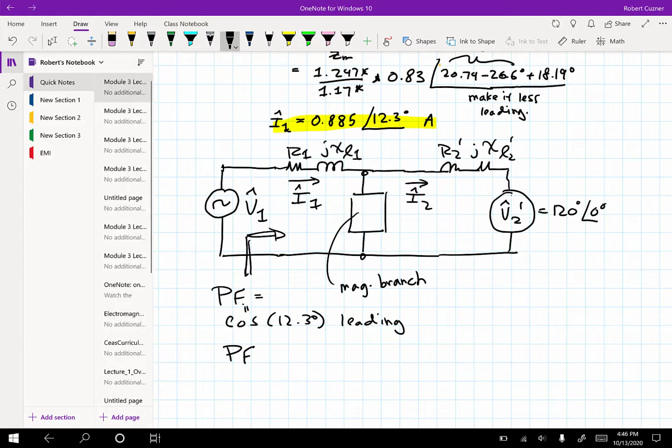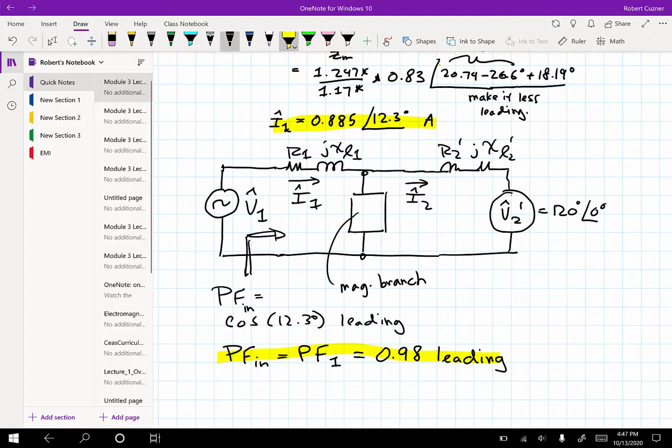So that's the input power factor, or on the primary side, we could say PF1 is equal to 0.98. It's almost a unity power factor, but not quite. It's got a little bit of leading to it.